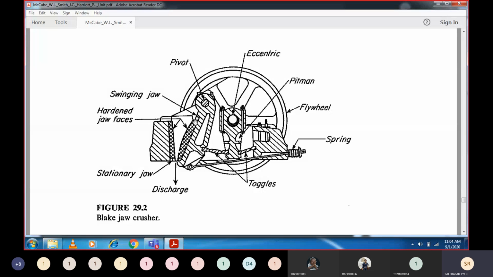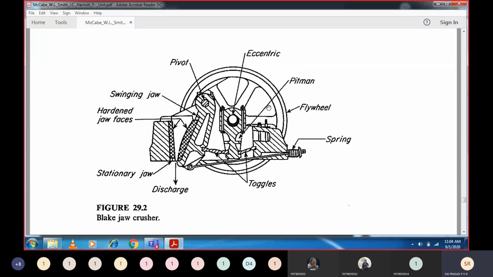So this arm will be coming this side, and when the opening is maximum, if a heavy lump is falling here, what will happen? This jaw may not go in this direction. Hence it will be stuck, and then immediately the relief valve will be opened and the energy will be stored in the pitman. So that indicates that in the Dodge type of jaw crusher, there is a frequent problem of choking.